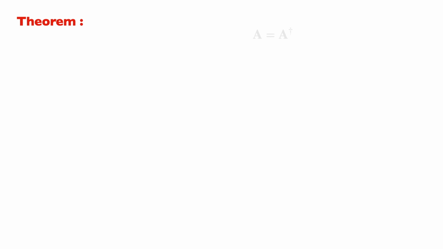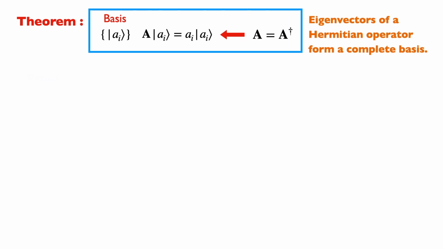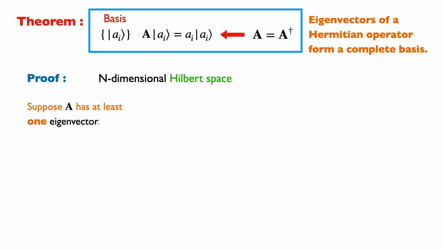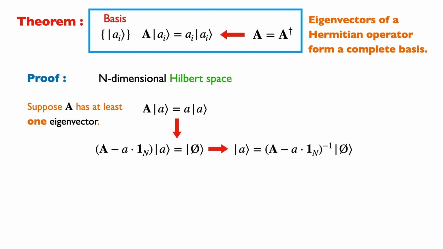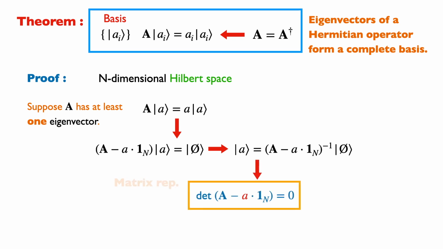Theorem: if an operator A is Hermitian, then its eigenvectors will form a complete basis. Proof: assume that the system lives in an n-dimensional Hilbert space. Suppose the operator A has at least one eigenvector and satisfy this equation with eigenvalue A. Then rearranging this equation and following the arguments used previously in the simple example, we arrive at this determinant equation in which A and the identity are n by n matrices.